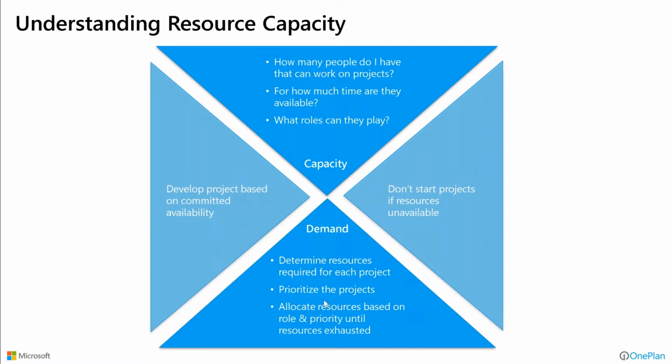A lot of the modern approaches, frameworks in Enterprise Agile in particular, is about understanding that we don't have endless capacity. So we have to figure out how to maximize the results and the value of the capacity to meet that demand. So what you want to end up doing is, we develop projects based on committed availability, and we don't start projects if resources are unavailable.